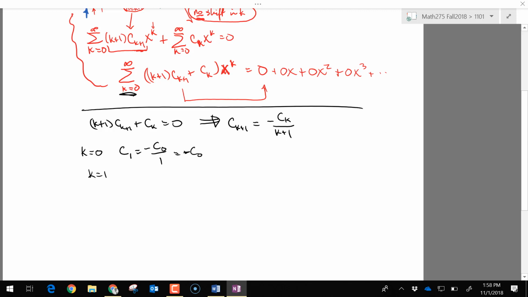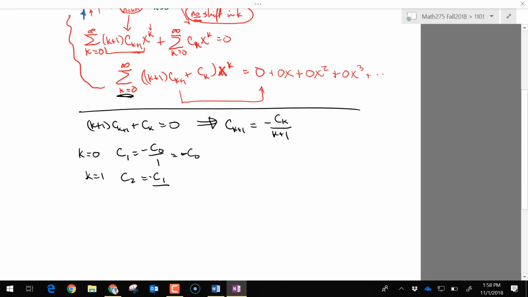When k is equal to 1, I get c sub 2 is equal to negative c sub 1 divided by 2. What's this equal to? c sub 1 is equal to negative c sub 0. So this is negative c sub 0 over 2, right? So that's positive c sub 0 times 1/2.